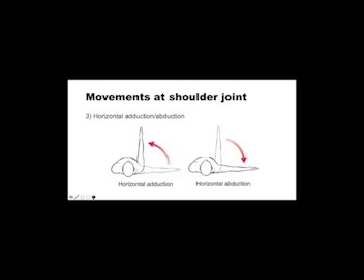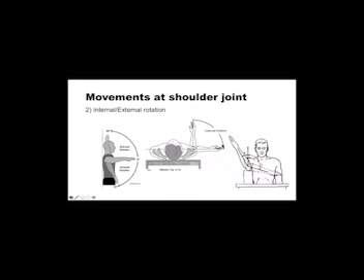Again, in this middle picture, there's not so much movement of the scapula, but rather it's purely the glenohumeral joint, and maybe this picture right here too. But once you bring your arm up to abduction, that involves movement of the scapula.